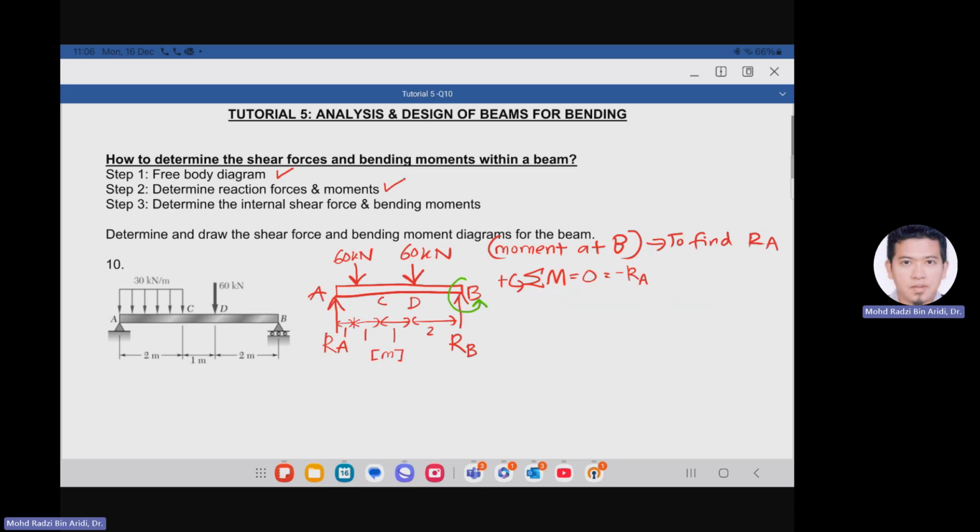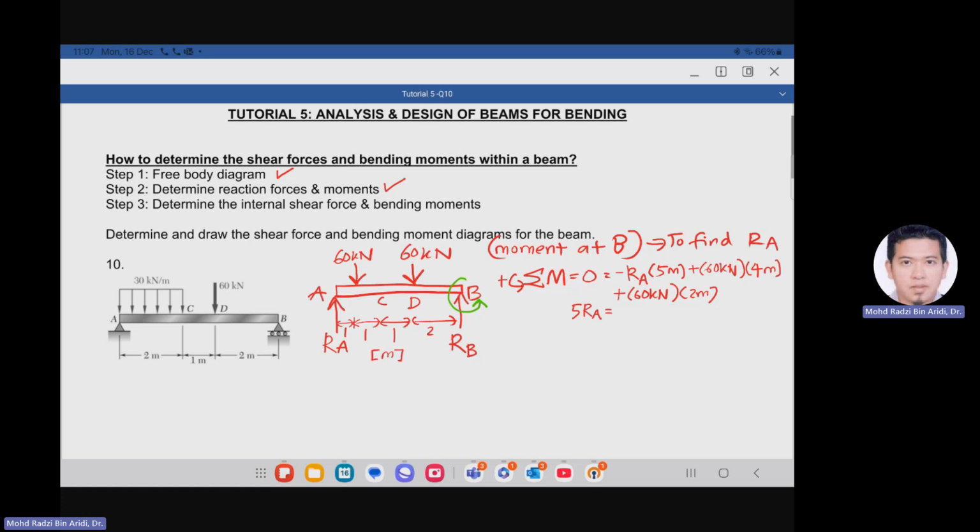First, the RA will be negative since the direction is going up, however this side, the green shows going down. That's why negative. And then the distance will be 5 meters because 1 plus 1 plus 1 plus 2. And then the 60 kilonewton will be positive, with the distance of 4 meters. And then the next 60 kilonewton will be positive, with the distance of 2 meters.